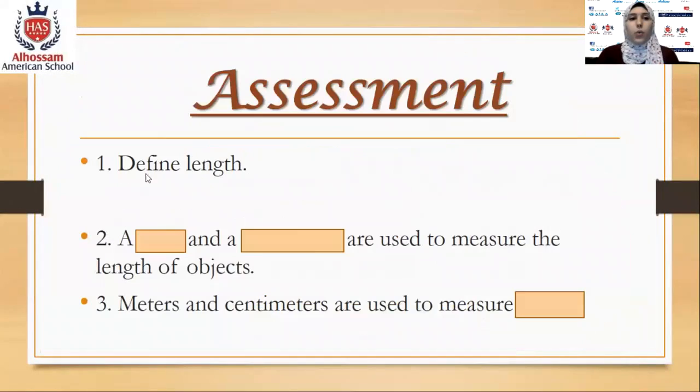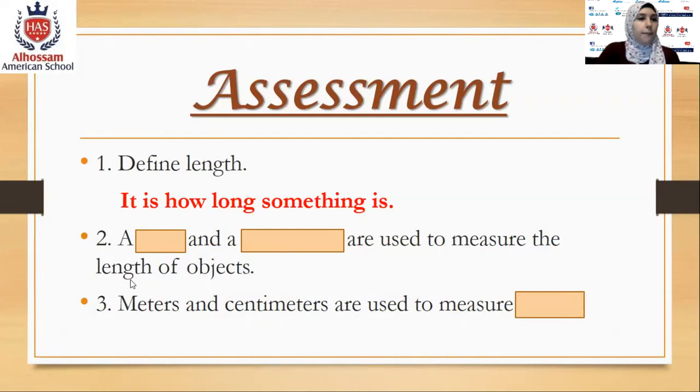Now question number 1, define length. We said that length is how long something is. Question number 2. What and what are used to measure the length of an object?